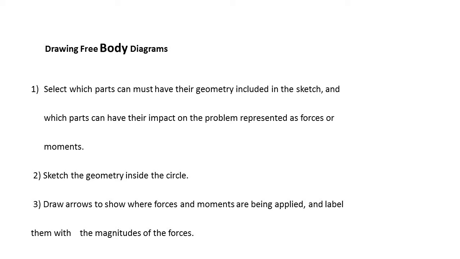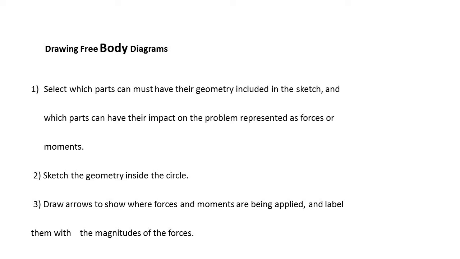So the procedure can be summarized as follows. First, select which parts must have their geometry included in the sketch and which parts can have their impact on the problem represented as forces or moments.